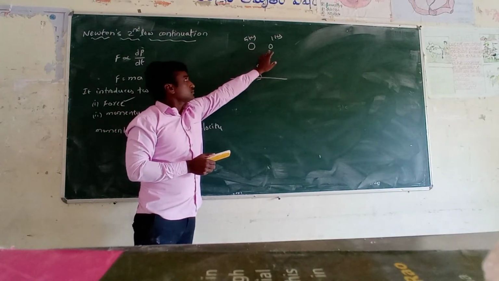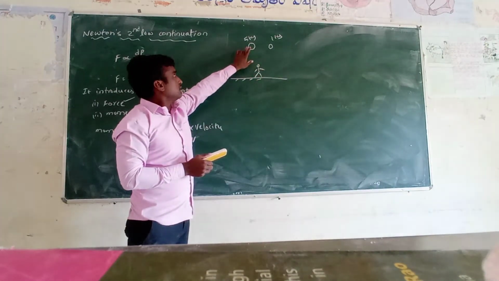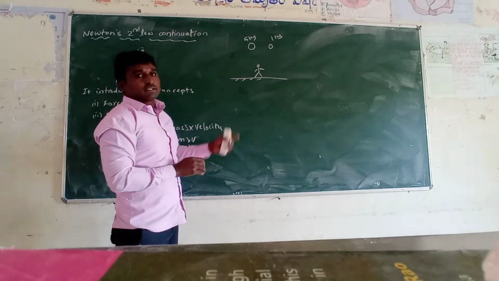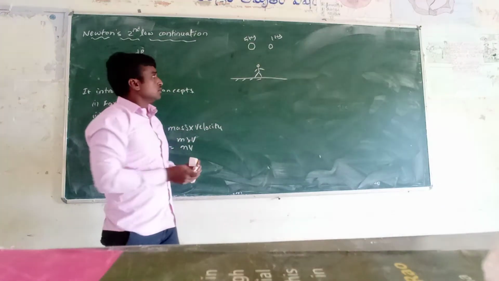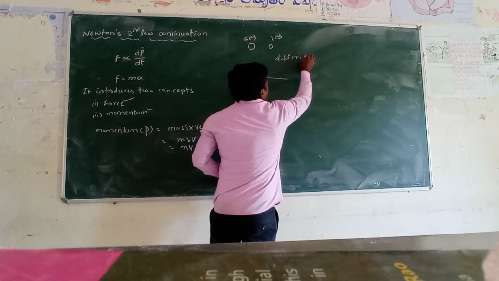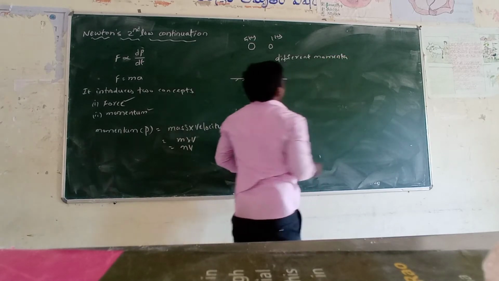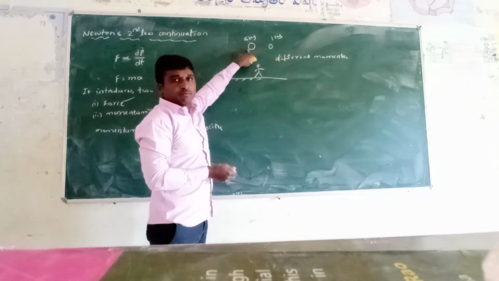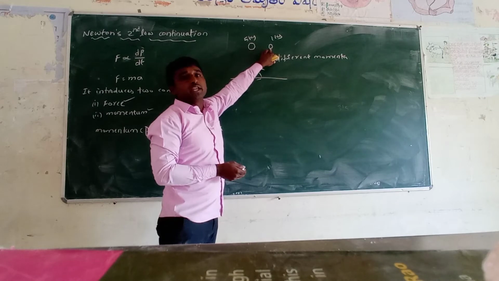The lighter stone induces a minimum effect, but the heavier stone induces a maximum effect. This is due to different momenta. The heavier body contains maximum momentum, and the lighter body contains minimum momentum.